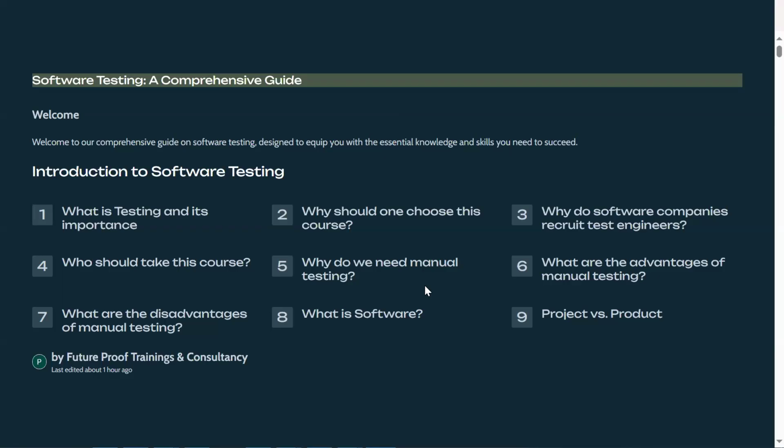Why do we need manual testing? That's what we discussed in our what is testing. Both are almost similar. When any application is launched with bugs or some other issues, it can cause problems for end users. So definitely the product reputation will go down.